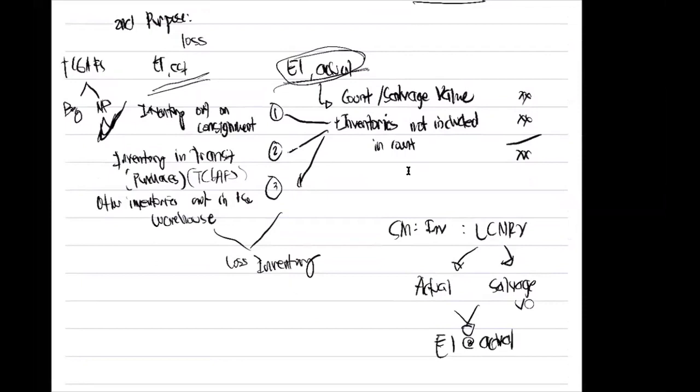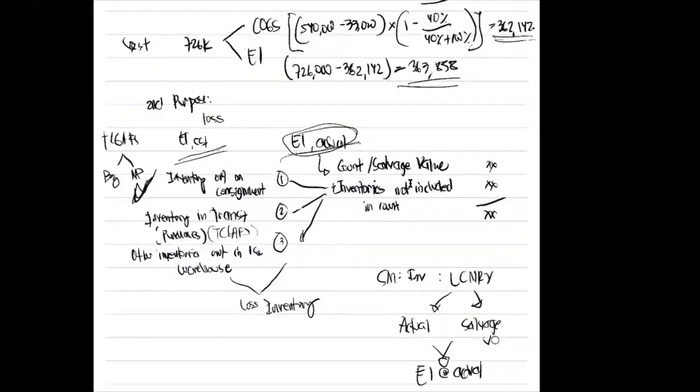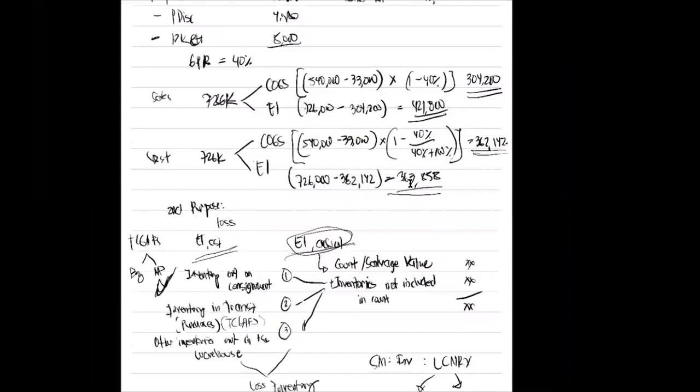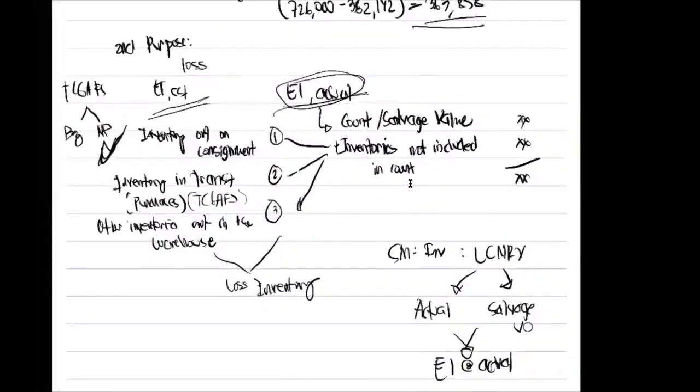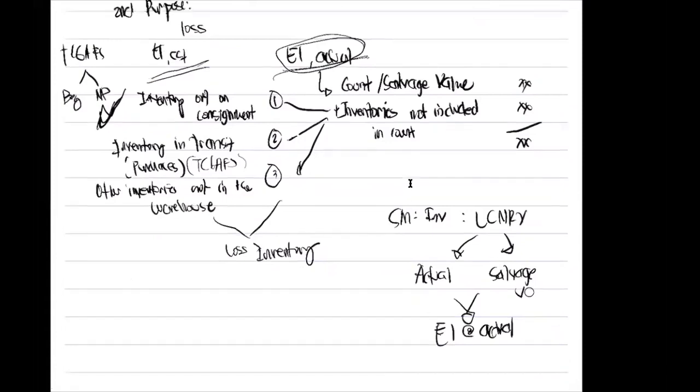So let's try to have some examples on how we compute for your ending inventory and cost of goods sold using the second purpose, wherein we compute first for the loss. Let's have a recap of the process.